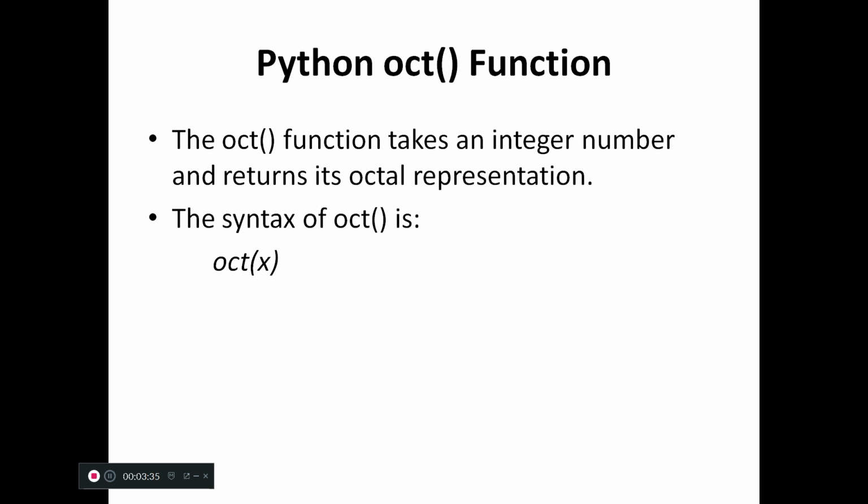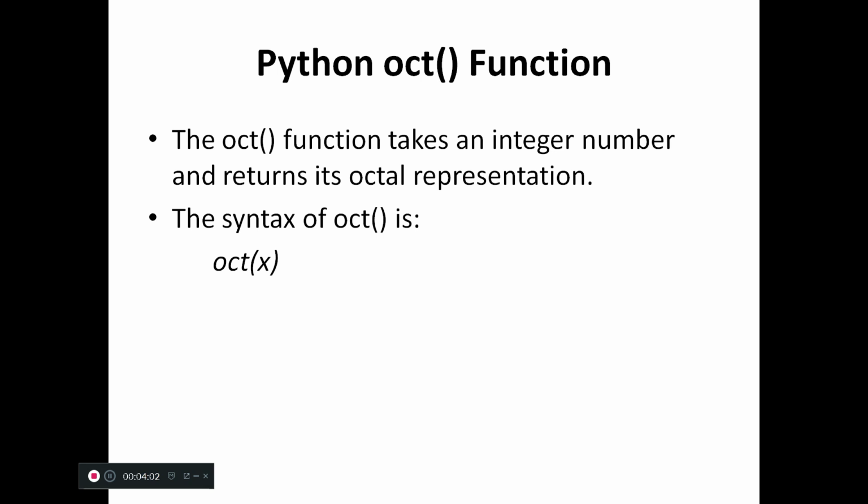The Python oct function is used to get an octal value of an integer number. This method takes an argument and returns an integer converted into an octal string. It throws a TypeError if the argument type is other than an integer. The syntax of oct is oct(x).